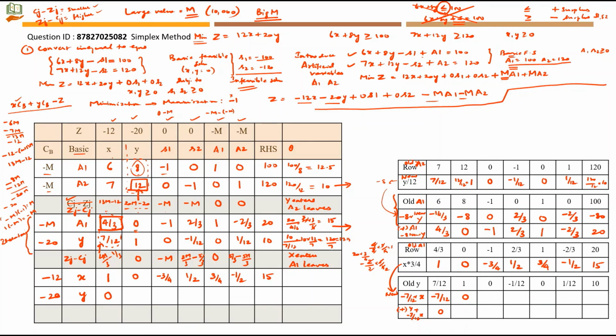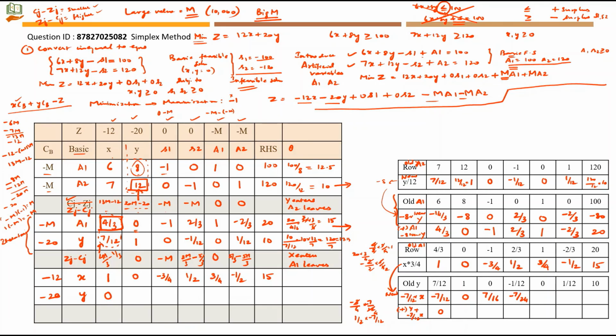Then we have minus 3 by 4 into minus 7 by 12. So you have to cancel this. 1s are and 4s are. It is plus 7 by 16. Then we have 1 by 2. 1 by 2 into minus 7 by 12 will give minus 7 by 24. Then we have 3 by 4.